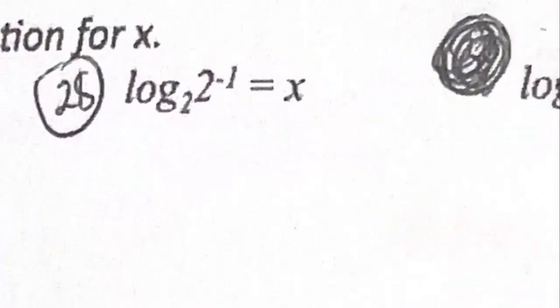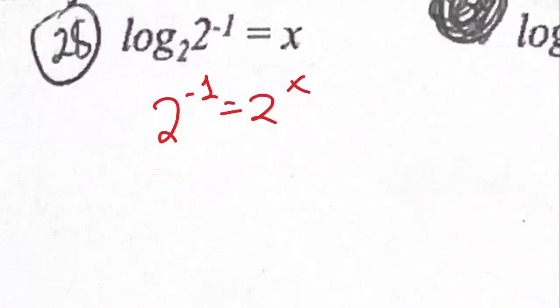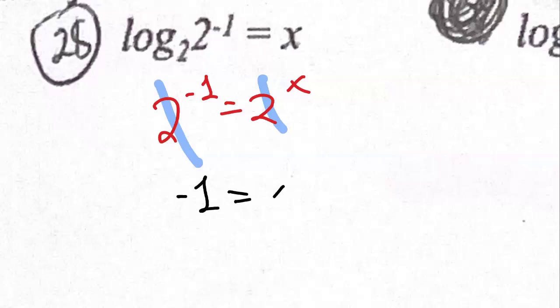Number 28, log base 2 of 2 to the power of -1. So log to exponential, 2 to the -1 is equal to 2 to the power of x. They have the same base. -1 is equal to x, and that's my solution. So pretty easy, not too difficult.